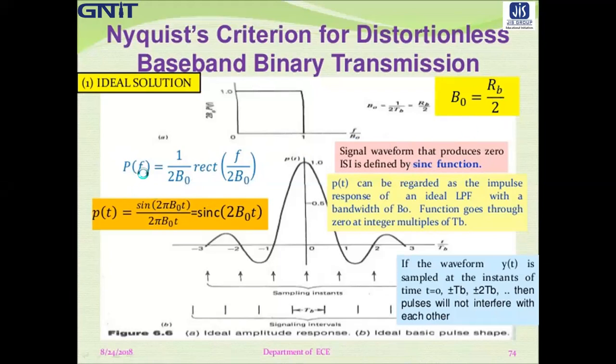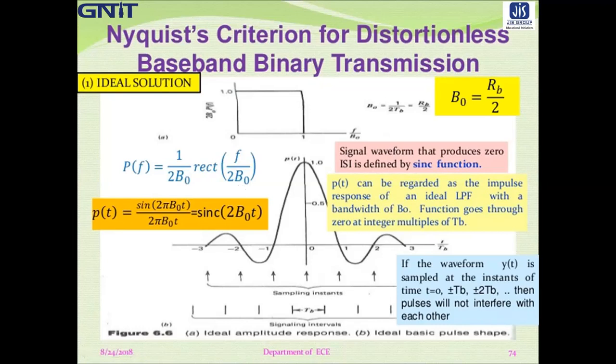Therefore, P(f) will be 1 by 2B_0 into rect function, that is the Fourier transform of a sinc pulse is basically a rectangular pulse, already I described. So here it is a rect pulse of the argument f by 2B_0.